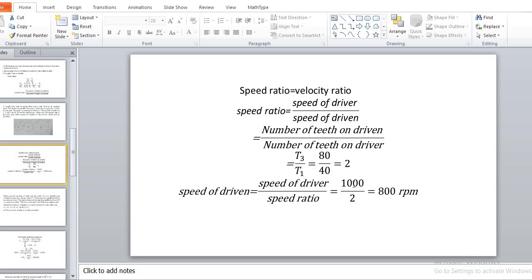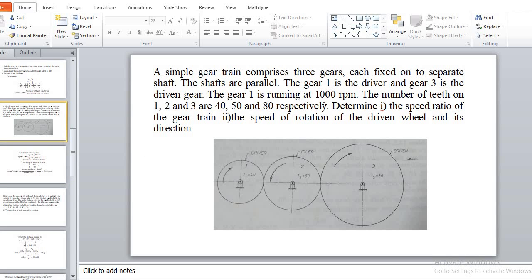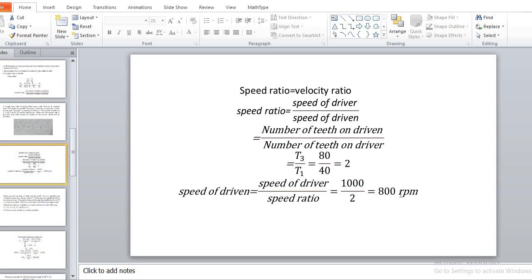Speed of the driver is given as 1000 rpm. So 1000 divided by 2 is equal to 500 rpm. In such simple numericals, if you understand the speed ratio term, we can write it in terms of the speeds of the gear wheels and also in terms of the ratio of the number of teeth of those gear wheels. By using this we can simplify these numericals.